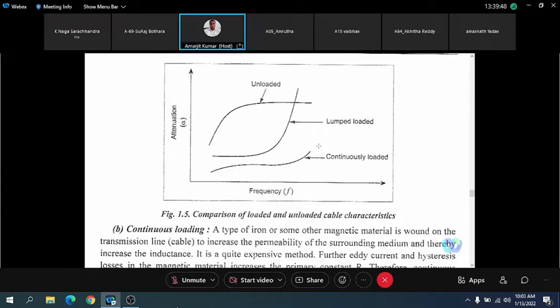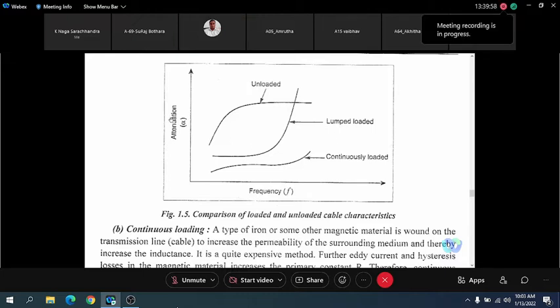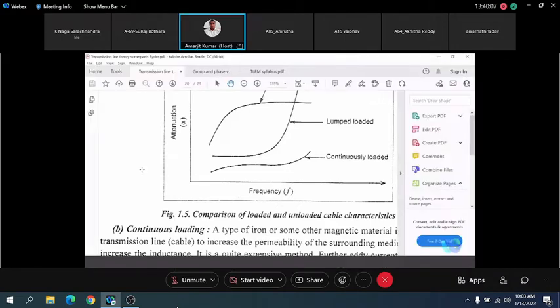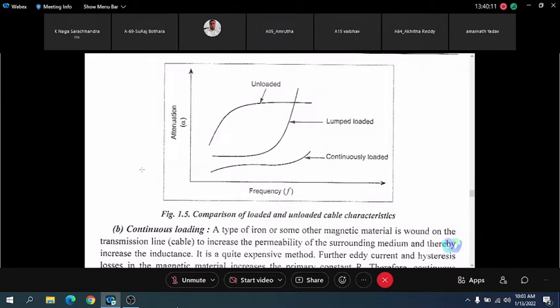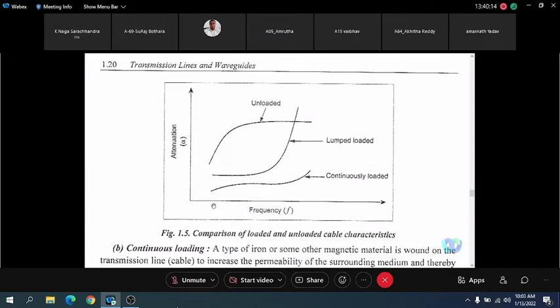When the telephone cable or transmission line is unloaded, you can see that attenuation is increasing, and after some frequency it is high. For lumped loading, attenuation is less, and after some frequency the attenuation is high.